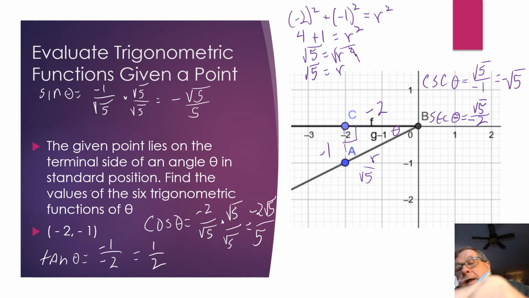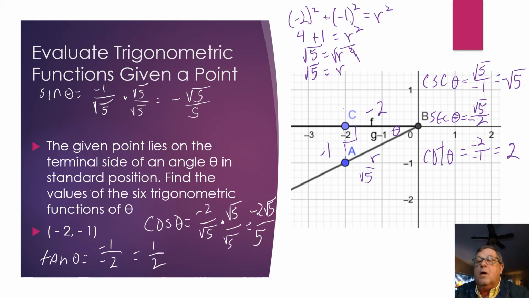And what about our cotangent? Well, our cotangent of theta is going to be the reciprocal. It's going to be the x-coordinate over the y-coordinate. Well, the x-coordinate is -2, the y-coordinate is -1, so that's 2, which is the reciprocal of 1/2.